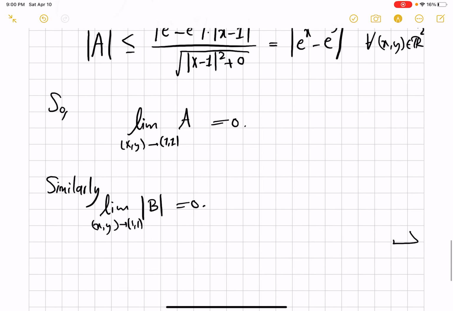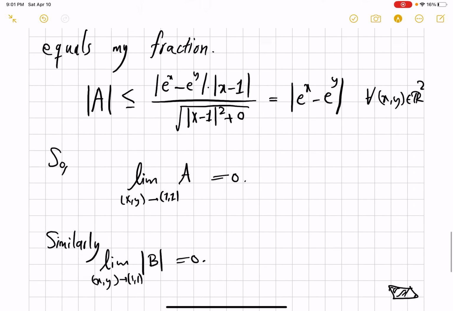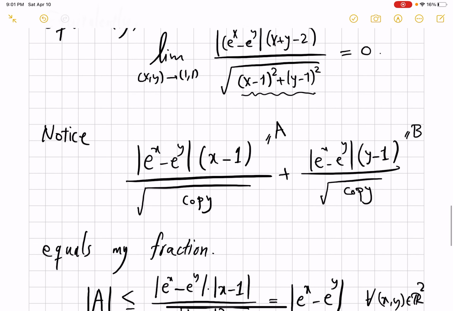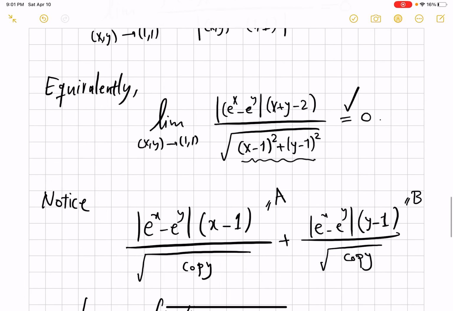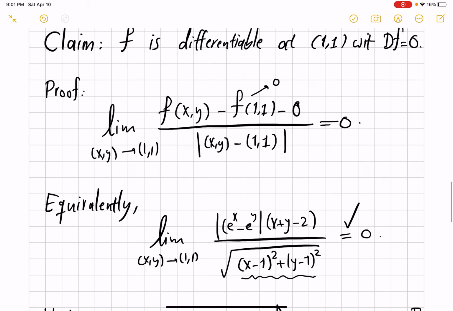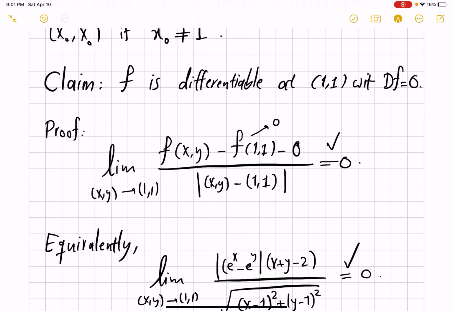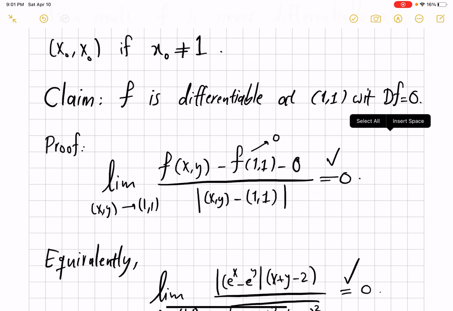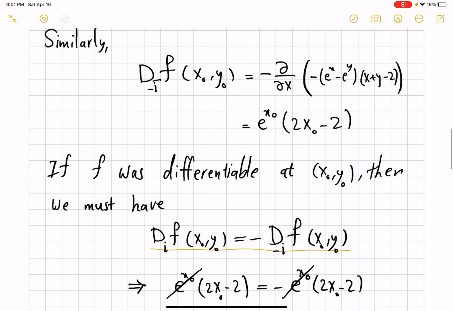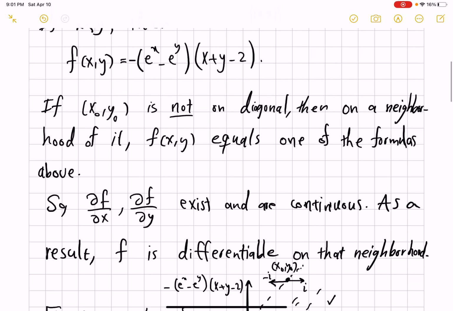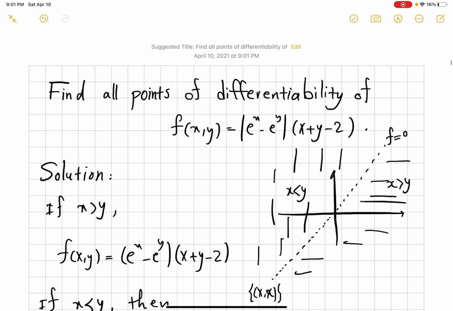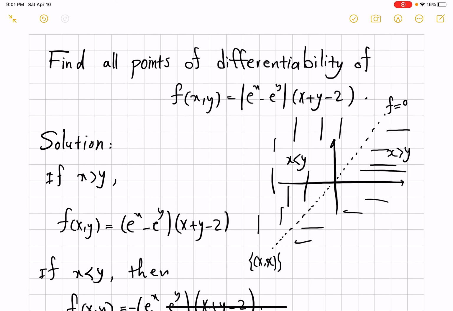And that wraps up the solution, because now the limit of A plus B going to 0 means that this quotient goes to 0, which means that f is differentiable with derivative being 0. So that's it for this problem. We showed that this function was differentiable everywhere off the diagonal, at (1, 1) on the diagonal, and never at any other point along the diagonal.